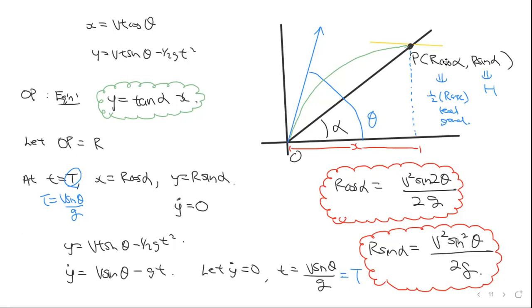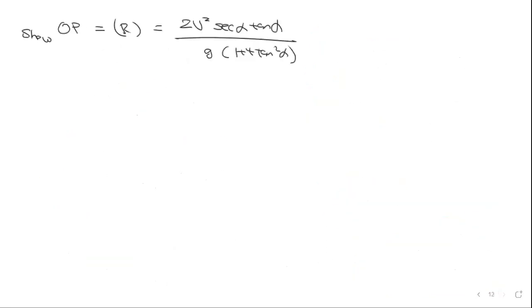So X equals R cos alpha, so X divided by cos alpha is R. And if you look at what they want, they have a sec alpha in the numerator. So this is good. We just basically need to find X.